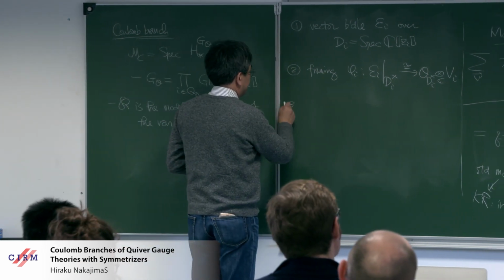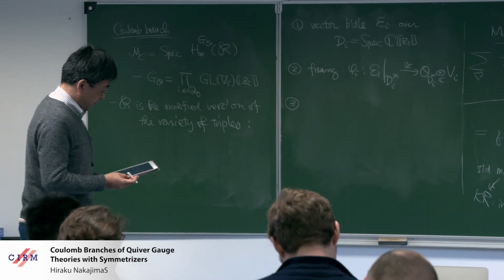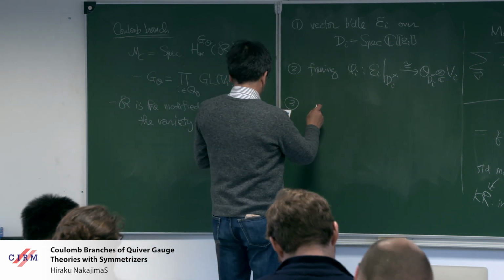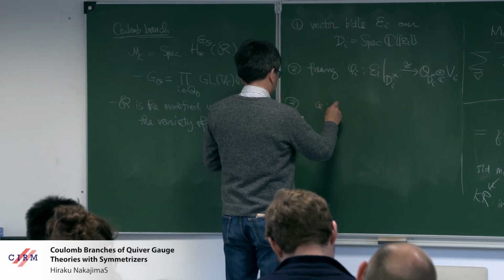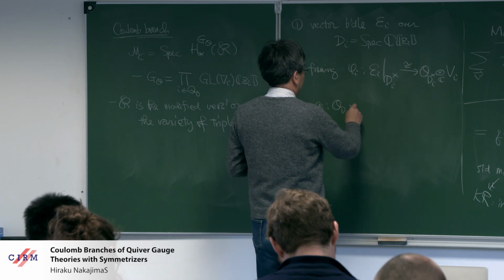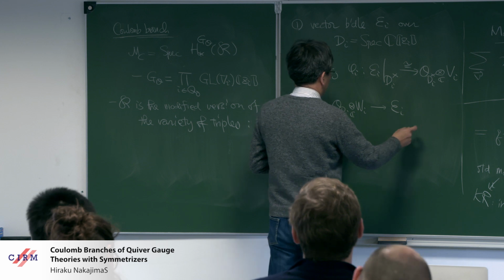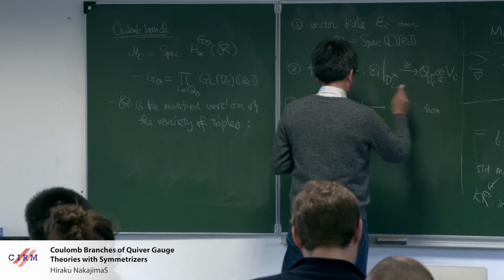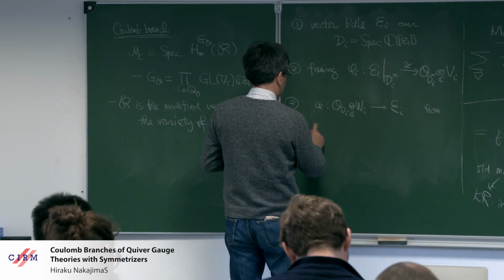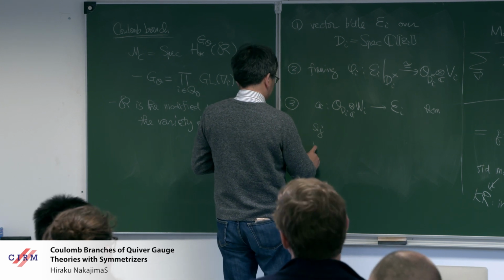And the third ingredient is linear maps, homomorphisms. So A_i is a homomorphism from O_{D_i} tensor W_i to E_i, and S_ij for j to i.